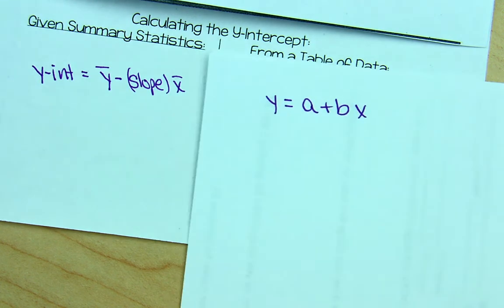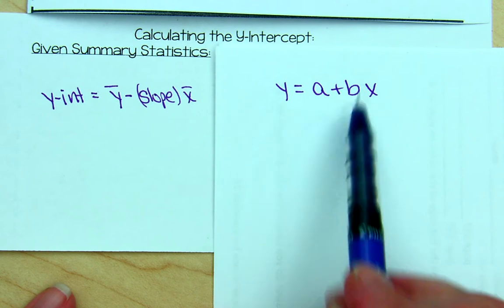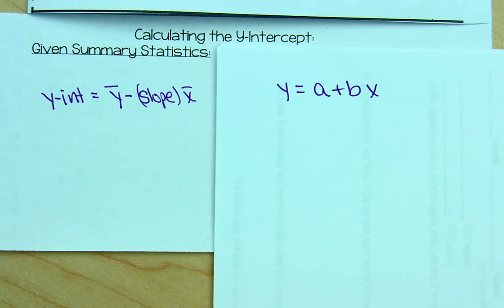And the reason this works out like it does, if we think we've got this formula is what they give us, okay? That's the form that we're plugging it into.